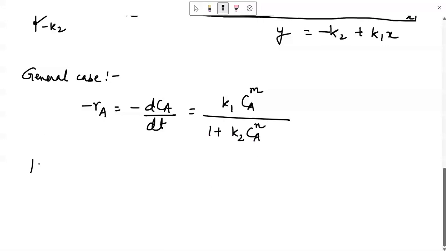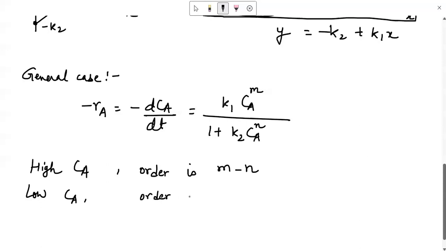At high Ca, the order is m minus n, while at low Ca, the order is m.